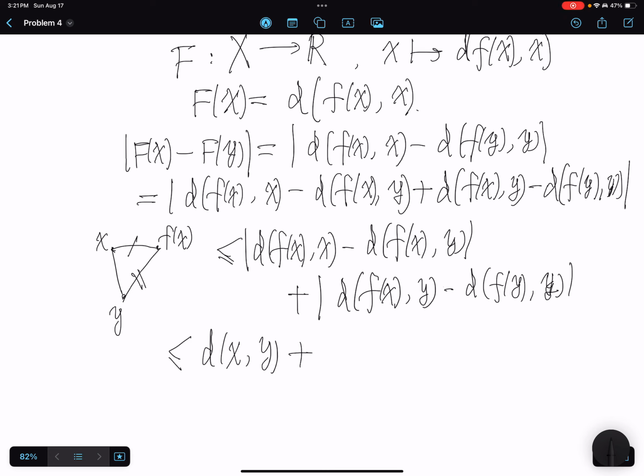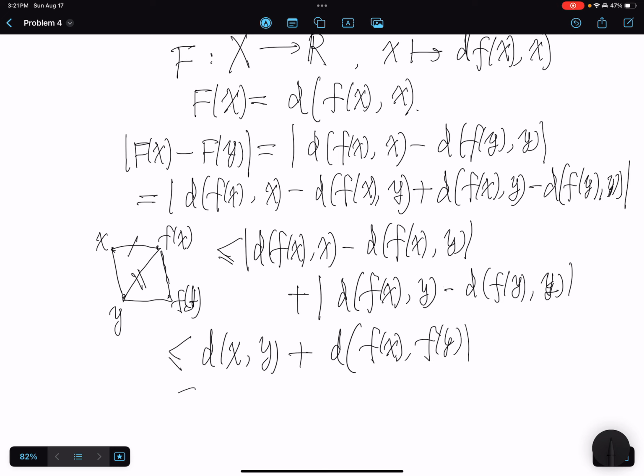For the second term, looking at this triangle, it is less than or equal to the distance between f of x and f of y.